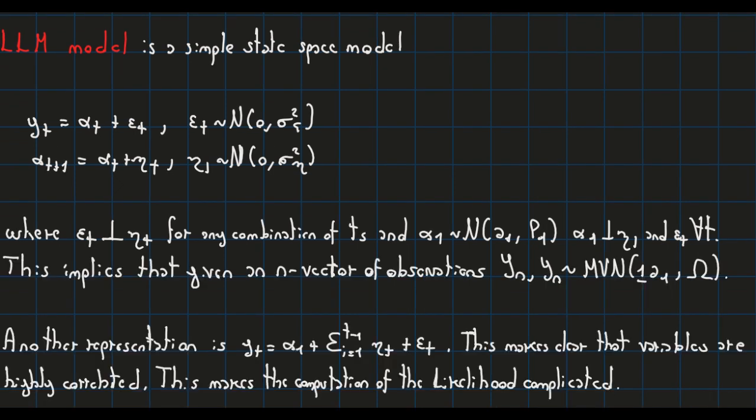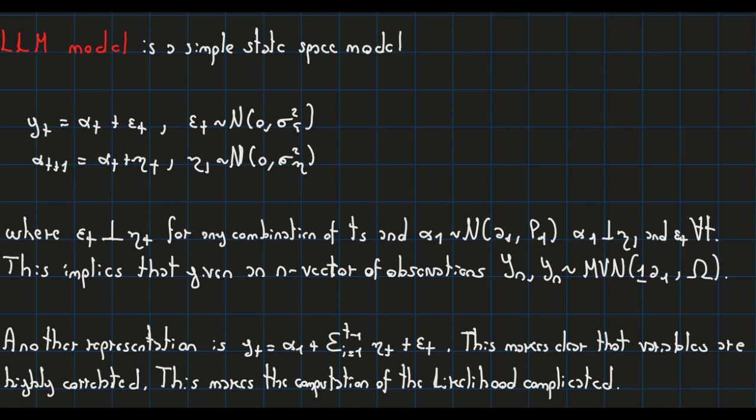Now, given all these assumptions and the theorem about the sum of independent Gaussians, we can conclude that yn, our vector of observations inside the model, this is a theoretical vector of observations, it's not an actual sample, is distributed as a multivariate Gaussian with mean A1 and variance omega.